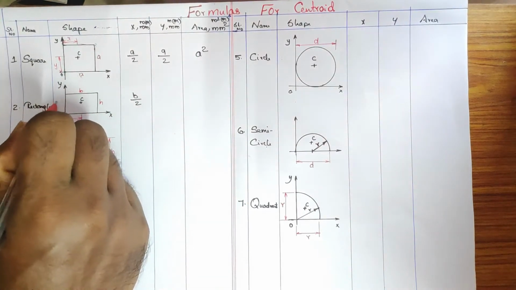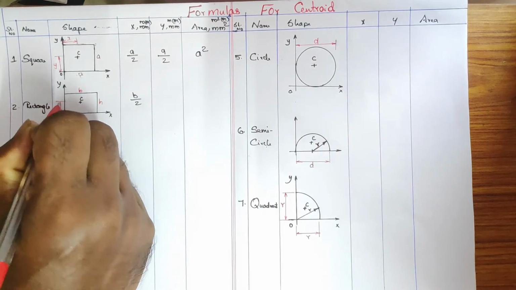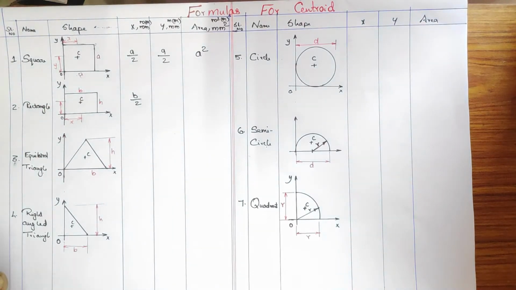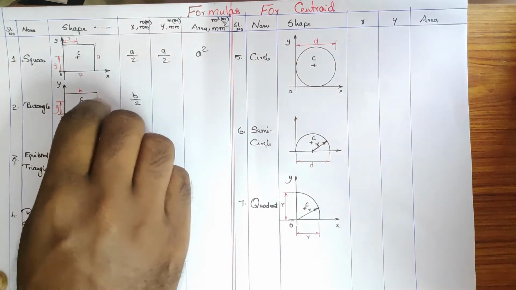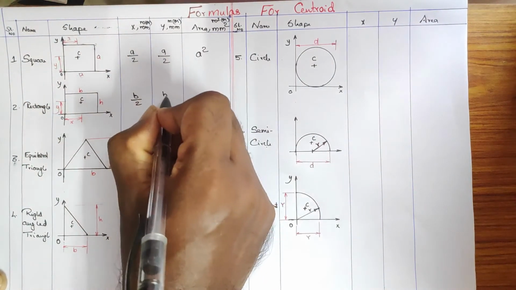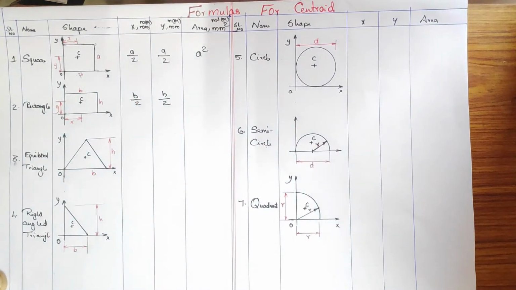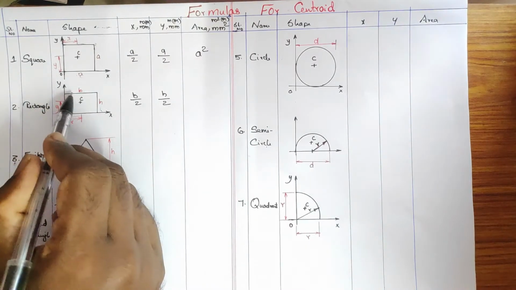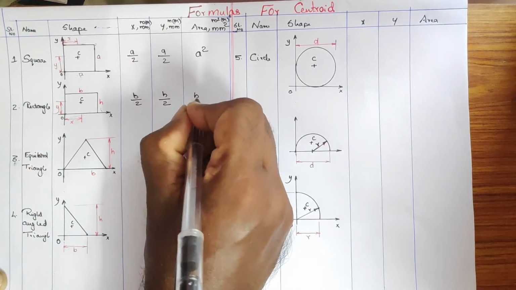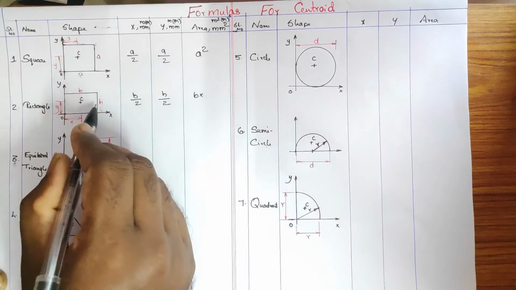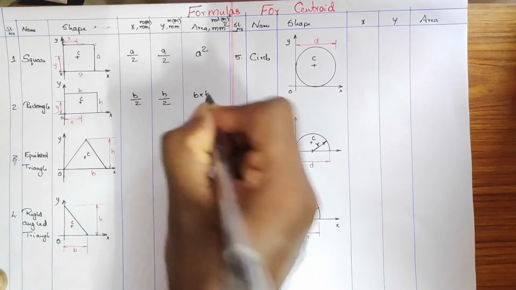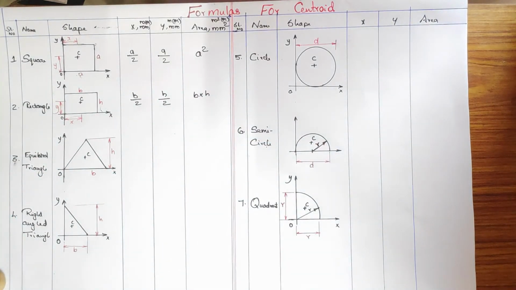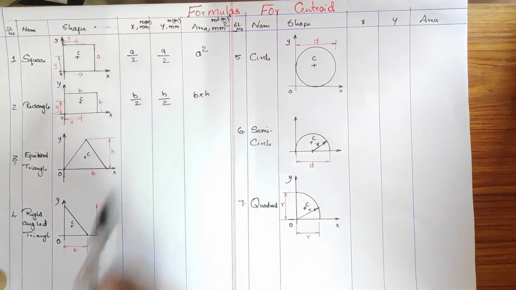In the y direction, we can plot it by half of its width, that means h by 2. The area for the rectangle is length into breadth, that is B into h.